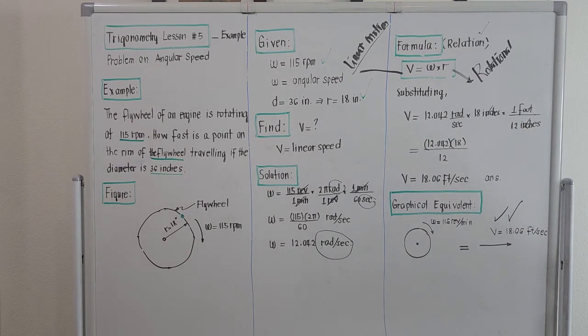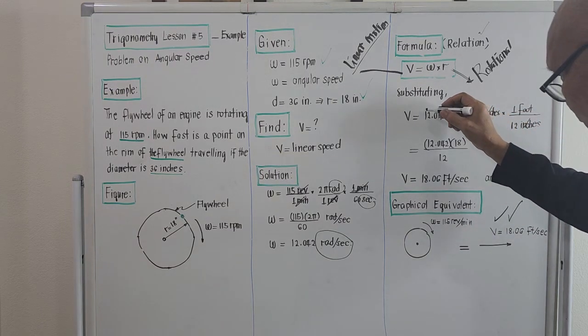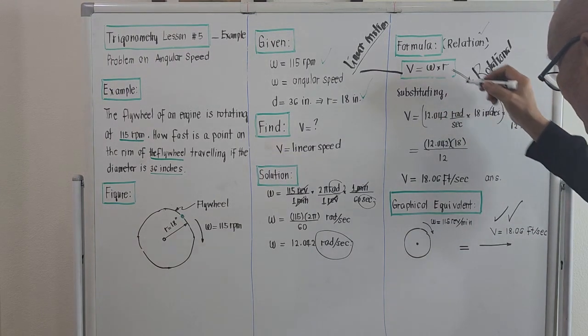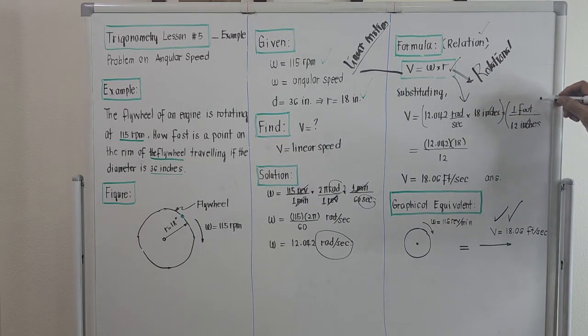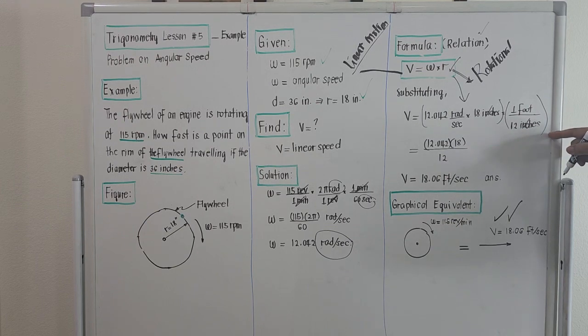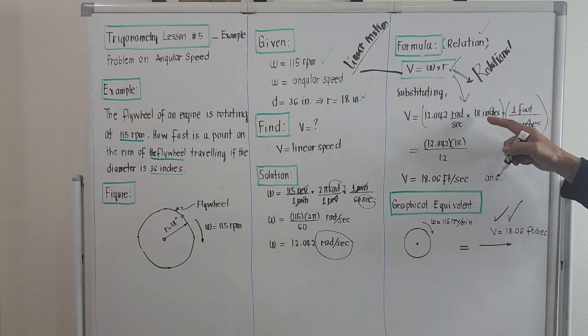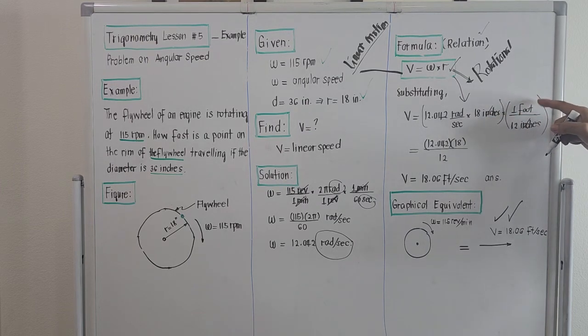This 1 foot per 12 inches is a conversion factor. Originally the contents of omega times r is just these two here, and this factor is just a conversion thing. We must convert inches to feet, so we will multiply this by 1 foot per 12 inches.